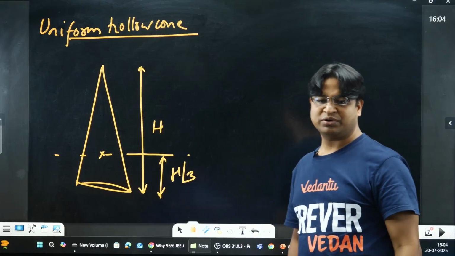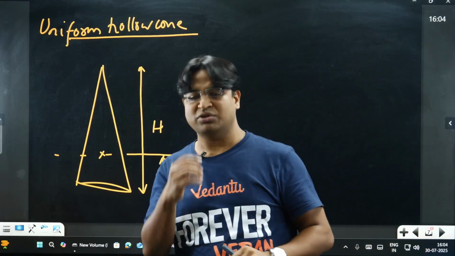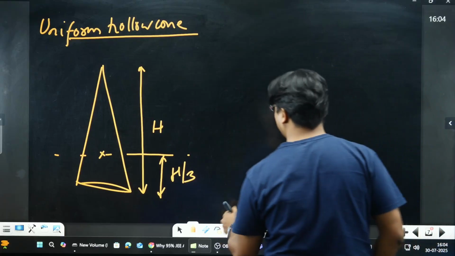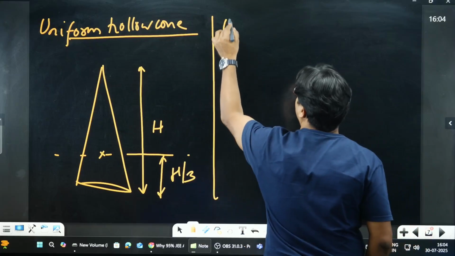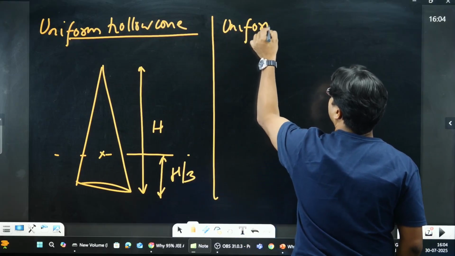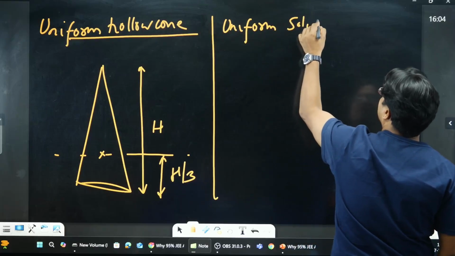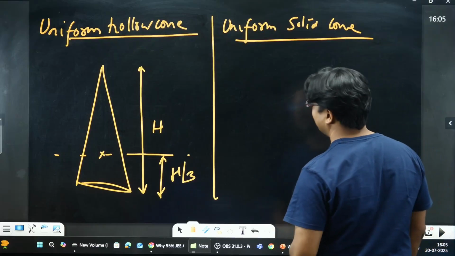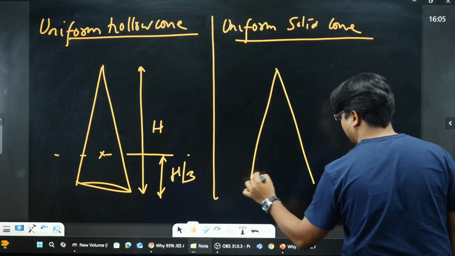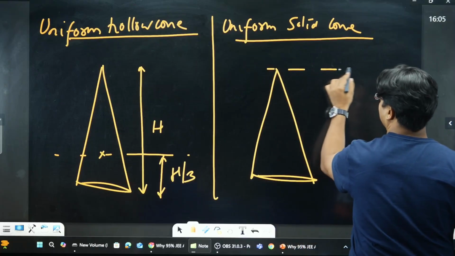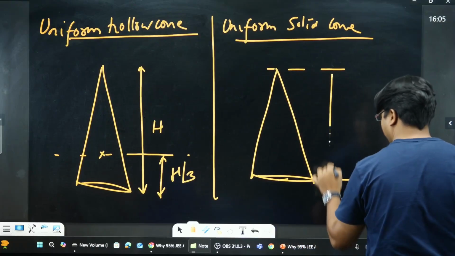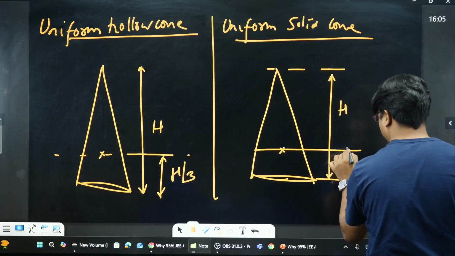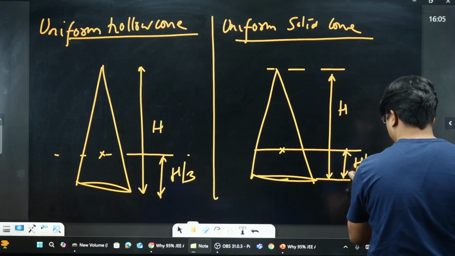What is important to note here is that this location is not dependent on the radius of the hollow cone. And if we talk about a uniform solid cone, the center of mass is at a height of, again this is height h, h by 4.